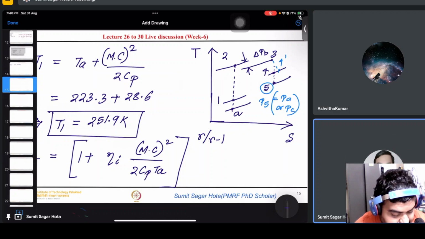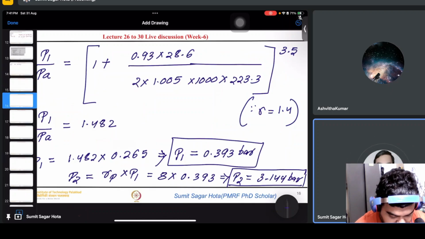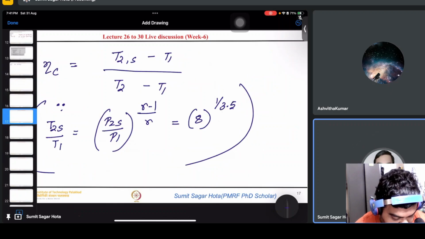If we have T4 dash, then we can calculate the pressure P4, and then only we can calculate the ratio of P4 by PA or whatever. Then the further calculations will be easier. So that's the reason first of all we need to calculate T4. First we calculate P3, then we calculate T4 dash.